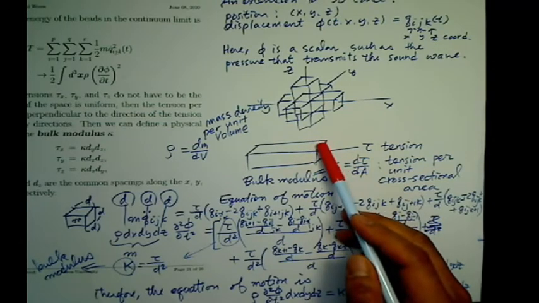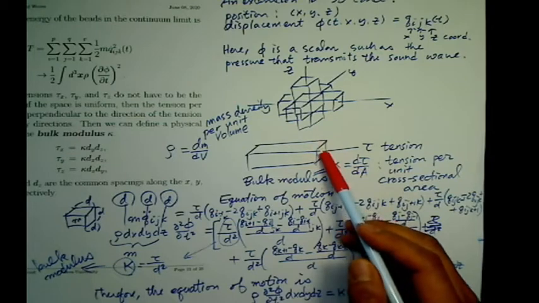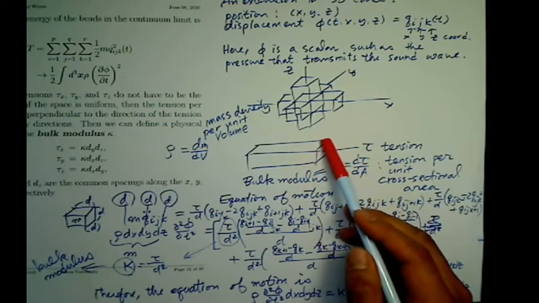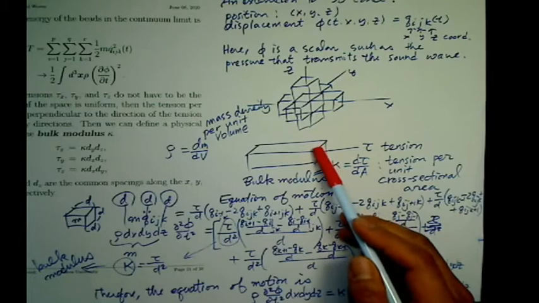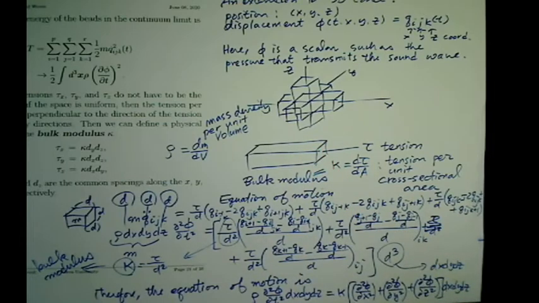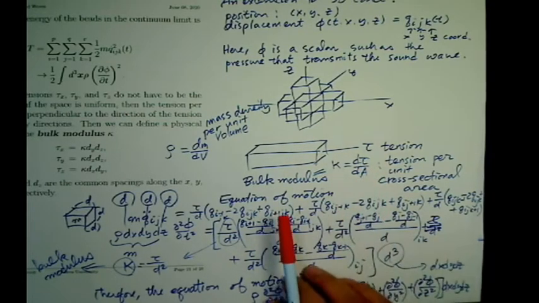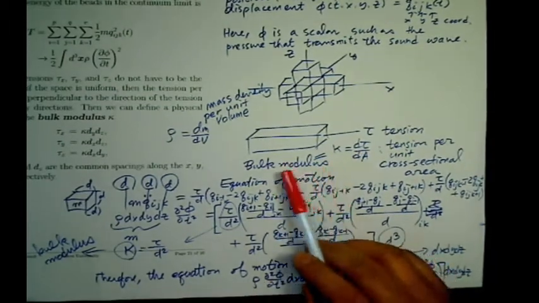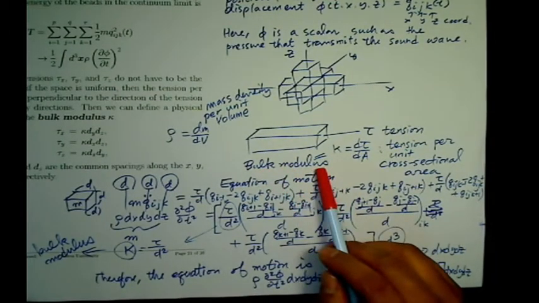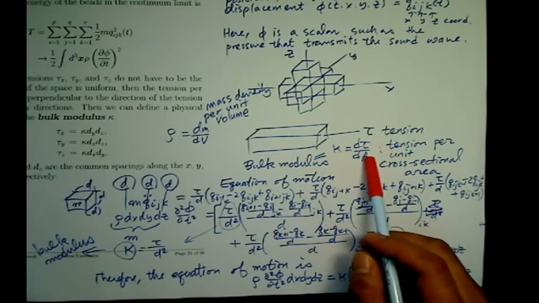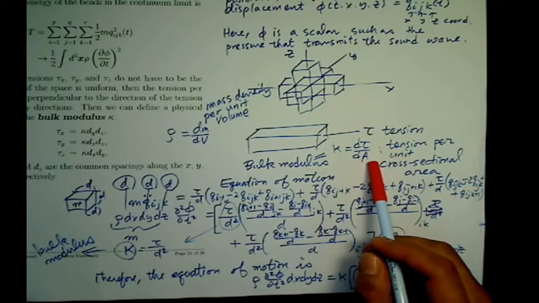That means surface tension, that is tension divided by unit cross-sectional width. In this spatial distribution, tension per unit area is necessary to describe the problem. That is called the bulk modulus. The bulk modulus is the tension per unit cross-sectional area.